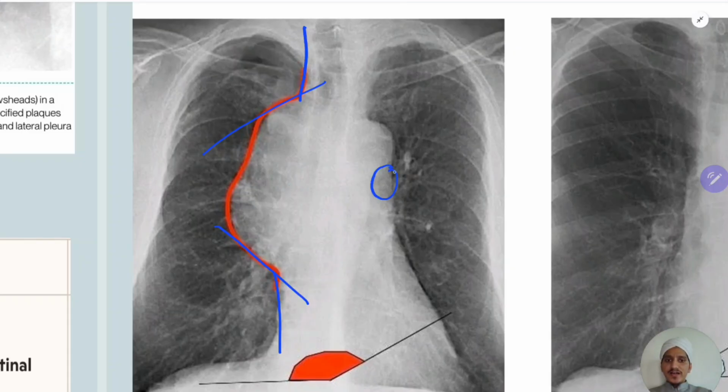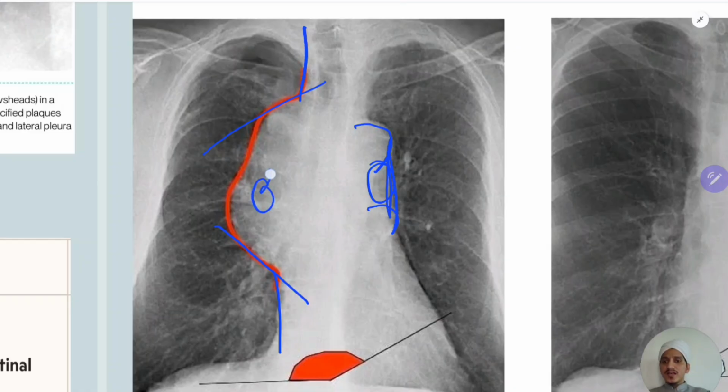The aortic pulmonary window is filling here, which is present in the middle mediastinum. So that is also one clue. The silhouette sign is present with respect to the aortic pulmonary window also. This is the aorta, this will be the pulmonary artery. These visceral structures are present in the middle mediastinum, so this is also a clue that the mass is middle.